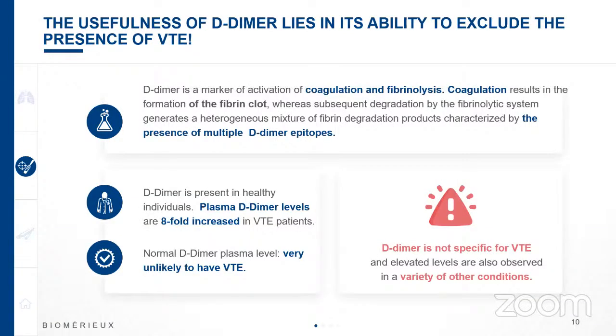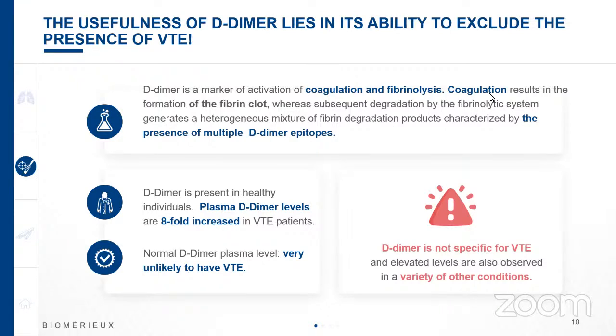So the first thing is, maybe I want to just give an overview of this D-dimer and what it is. Again, just to remind us as a refresher what it is responsible for in the normal circulation. When you have coagulation and fibrinolysis occurring, usually D-dimer is released.